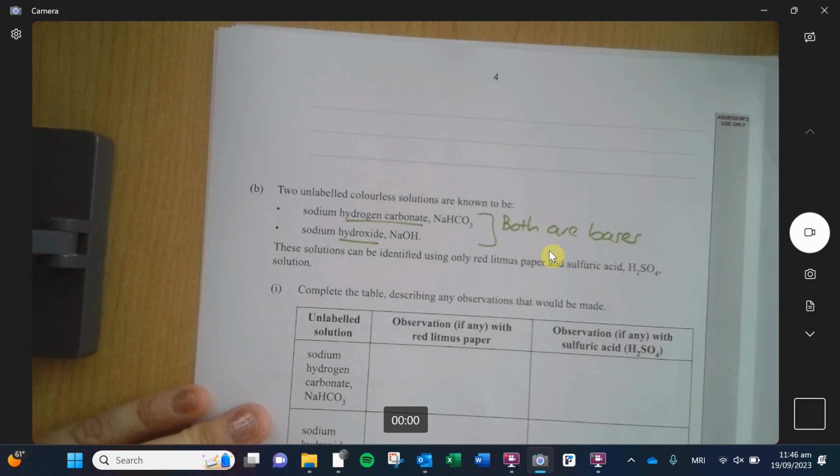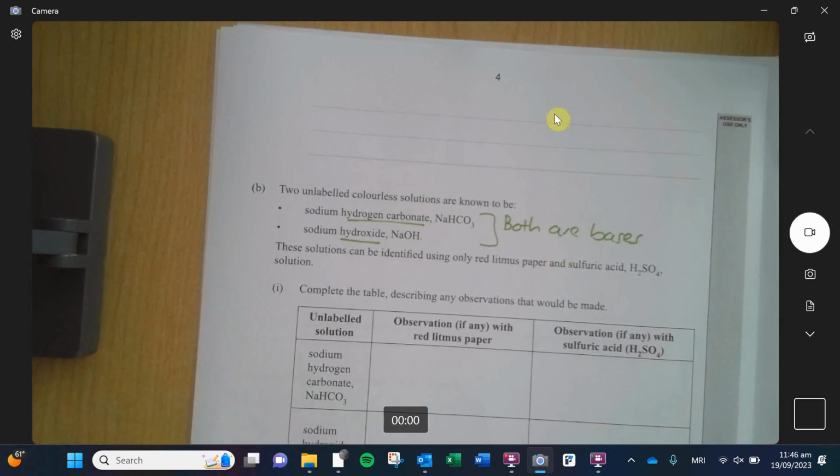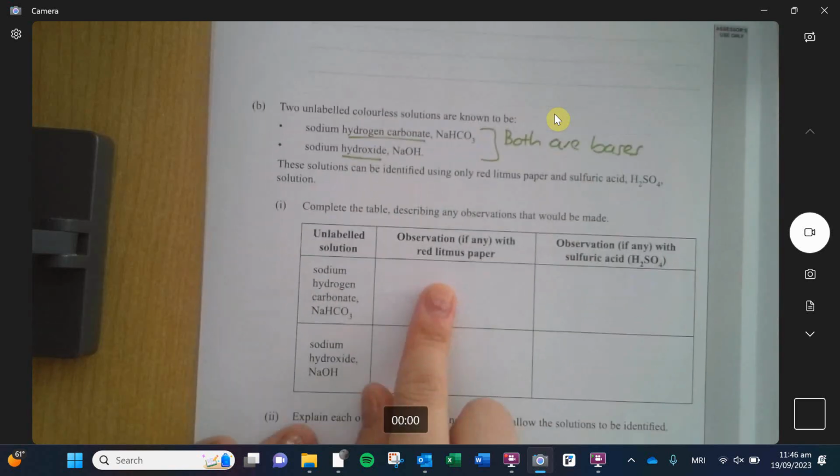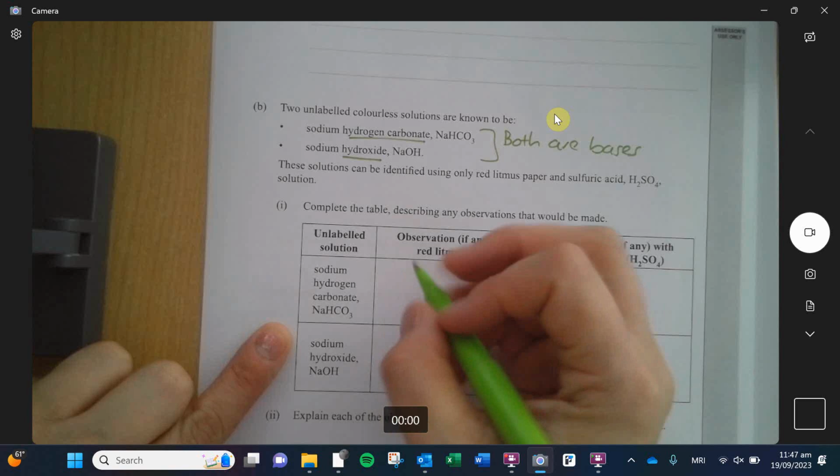So all of that information tells me so far is that both of these things are bases. The thing I have to keep in mind, though, is I need to figure out which one is which. So I can't just use straight litmus paper because they're both going to turn red litmus blue. Yeah? So if I was to write down any observations, both of these would turn blue.